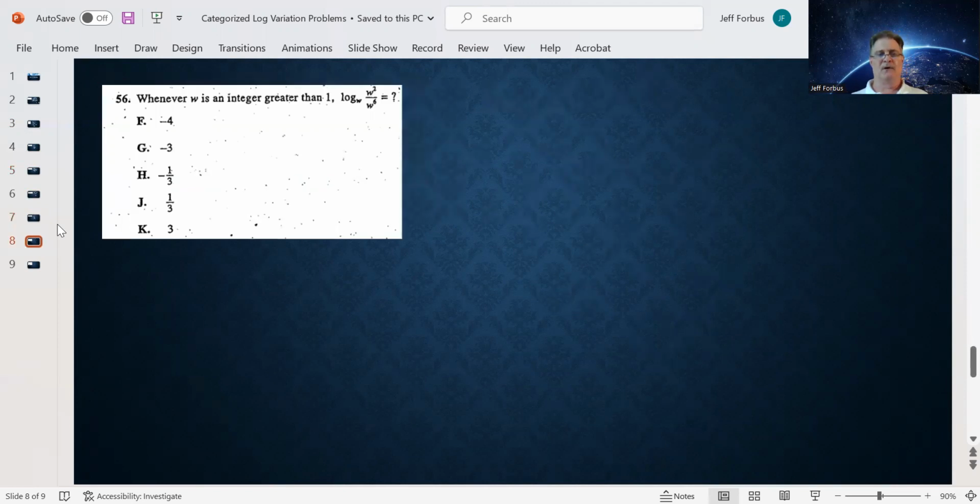All right, so notice here, we're dividing our logarithms. W squared divided by w to the 6th. So here's what we have. We have log base w of w raised to the second power over w to the 6th. We are dividing, so we're going to subtract them based on the simplification rules. So what we're going to do is say log base w of w squared minus log base w of w to the 6th.